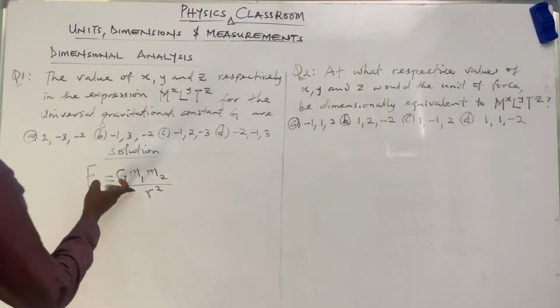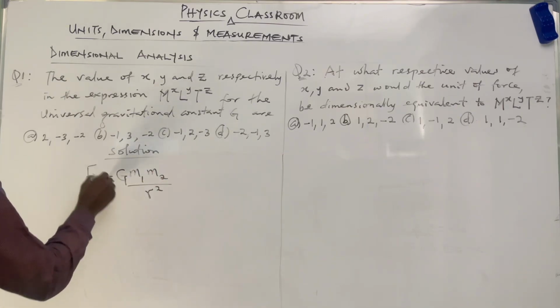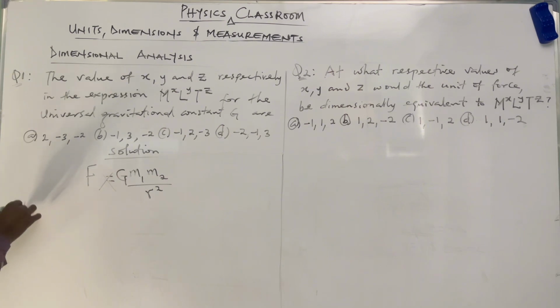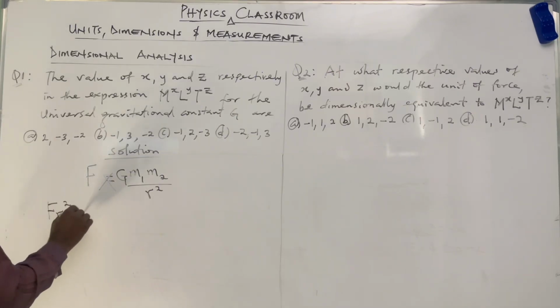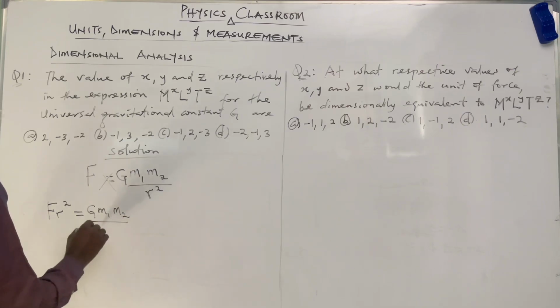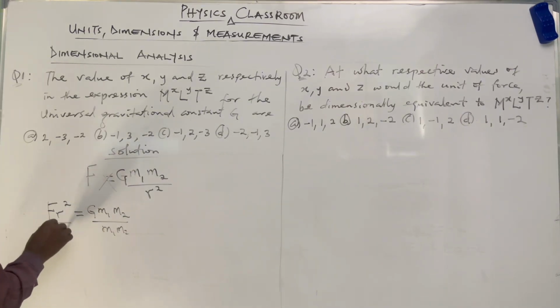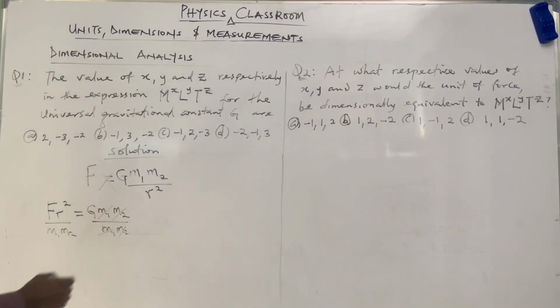To make G, the gravitational constant, the subject of the formula here, we are going to cross multiply. By virtue of that, we have F r^2 = G m1 m2. We can decide to divide through by m1 m2 such that this will cancel this.